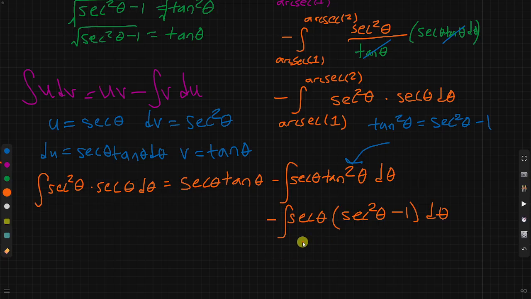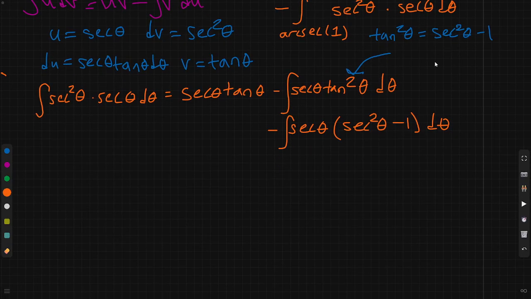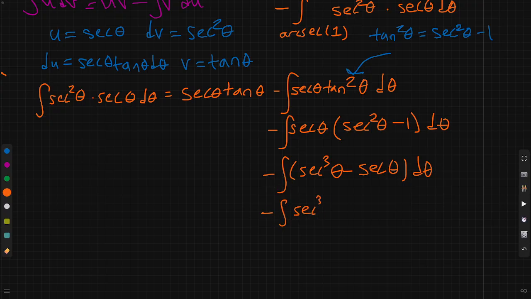Distributing the secant theta to both terms in those parentheses, I have negative integral of secant cubed theta minus secant theta d theta. Now I'm going to split this into two integrals, and I'll show you why. Minus integral of secant cubed theta d theta, minus becomes plus integral of secant theta d theta. All right.